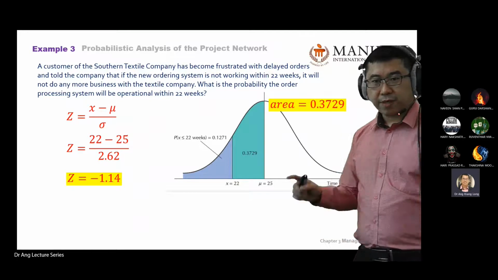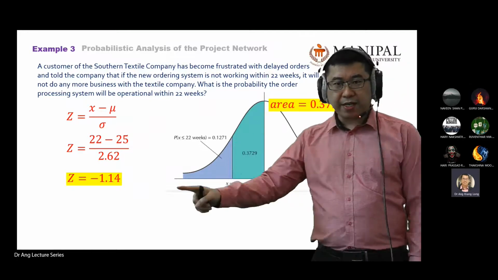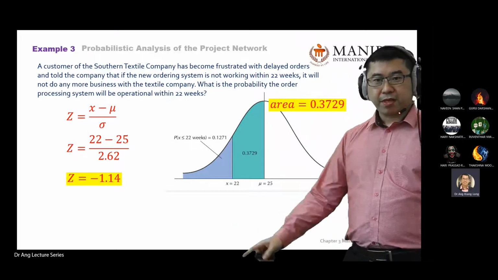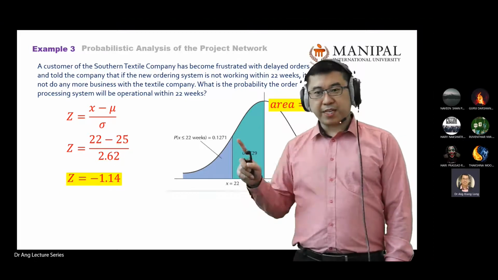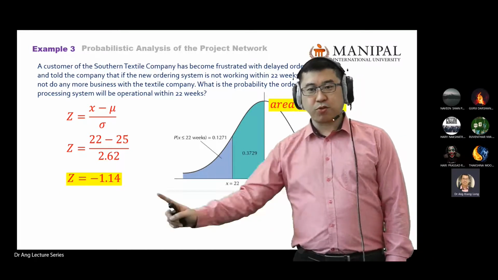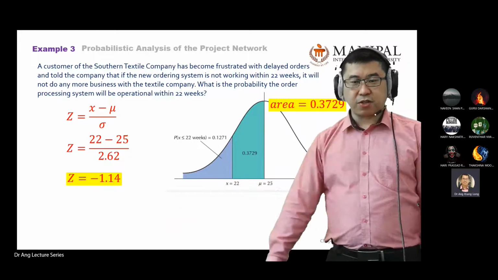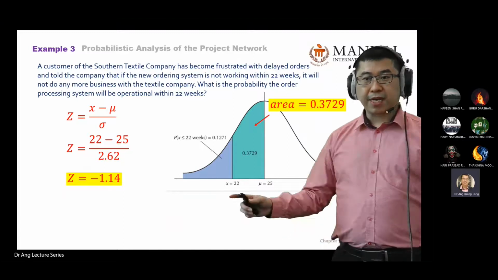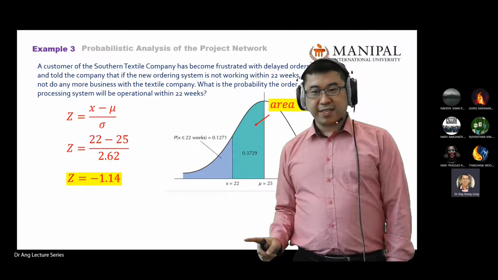You know that the area under the graph, half of the graph, is 0.5. The possibility that you can complete this project in less than 22 weeks. What is the probability? The customer asks you whether you can complete in 22 weeks, right?